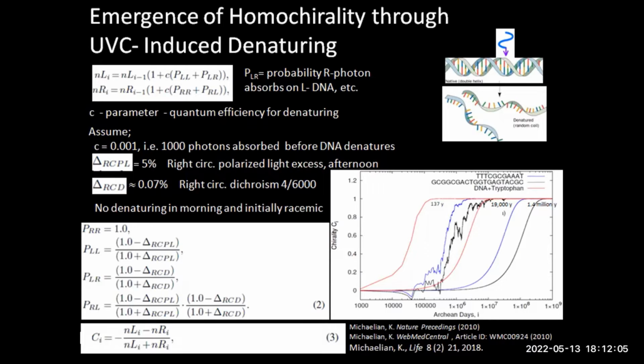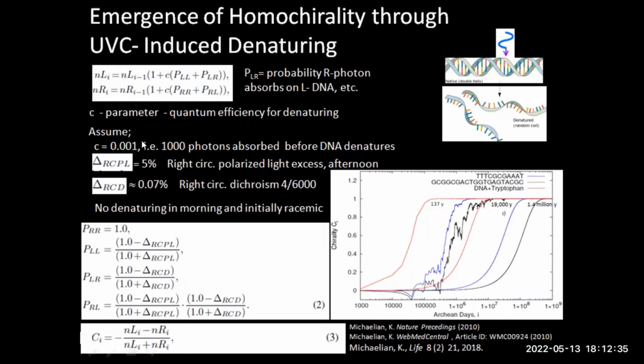So for example, for the case of DNA with tryptophan, it would take only 137 years to arrive at complete homochirality. And for the others, well, it would take maybe a few hundred or 1,000 years to get to homochirality.